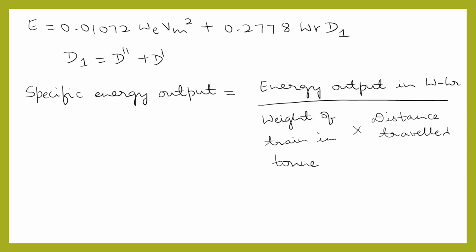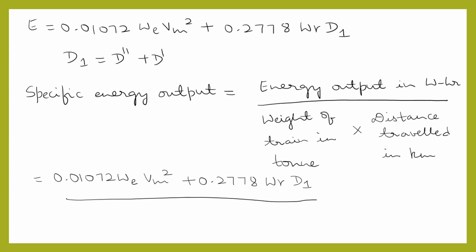Therefore, we get the equation for specific energy output as 0.01072 We Vm square plus 0.2778 Wr D1 whole divided by W D. It is in watt hour per ton kilometer.